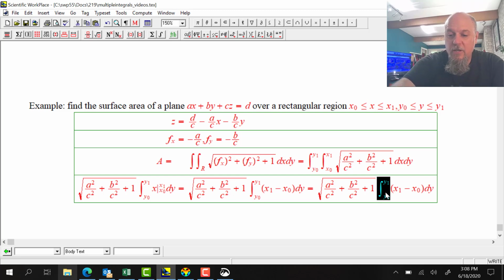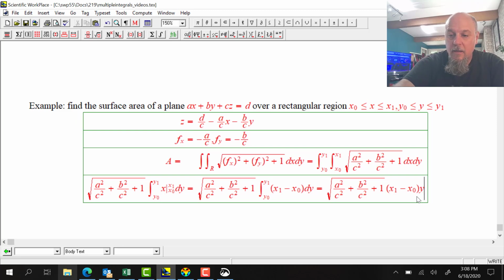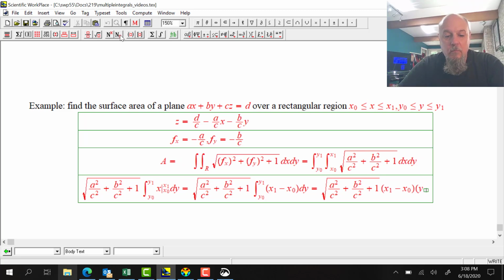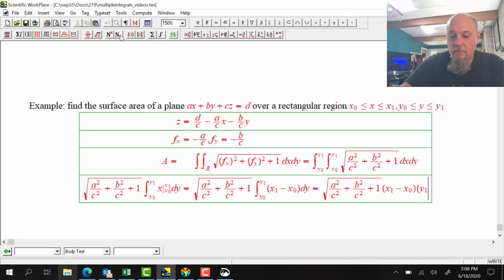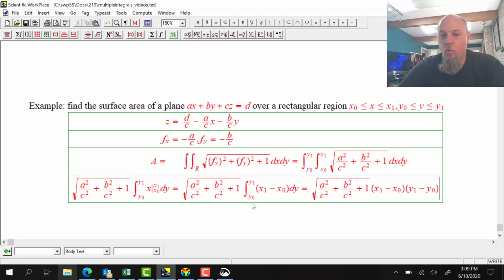When I do my integration, it's just this thing times y, and I still have to sub in the y1 minus sub in the y0, which is going to be y1 minus y0. And we're done.